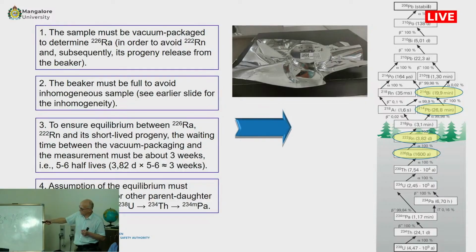And this is very important. If you are using this decay chain or mother-daughter analysis, you have to verify that there is equilibrium. Because, for example, for these nuclides, uranium-238, thorium-234, and protactinium-234m, they might be in equilibrium or not.